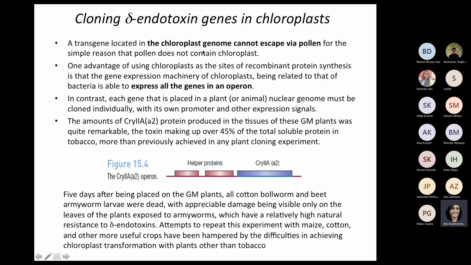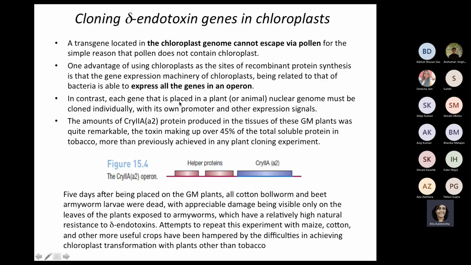So if I have to transfer three genes into the nuclear genome, I have to make separate cassettes for each, and each has to have its own promoter. That's more difficult compared to taking one promoter and three genes together.